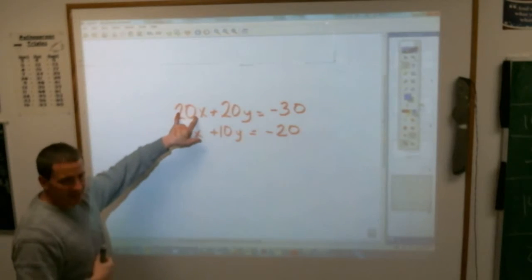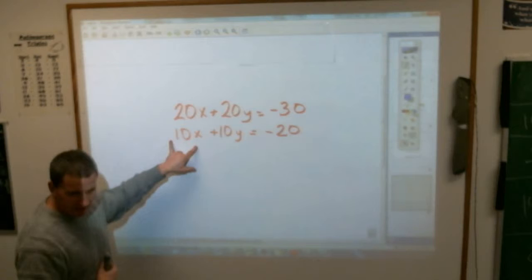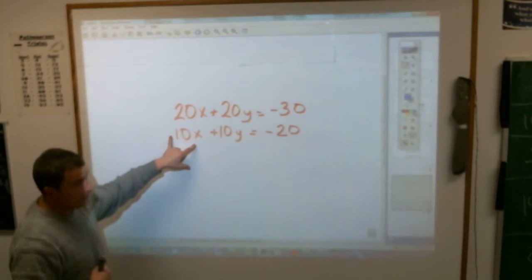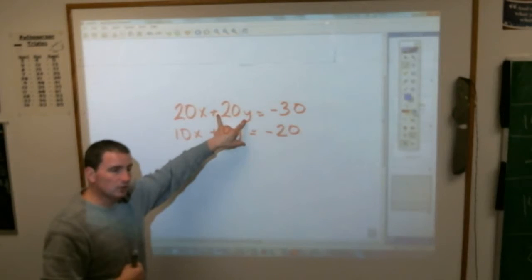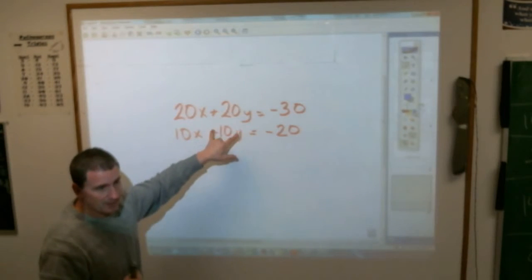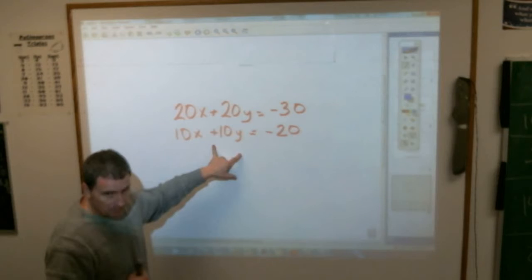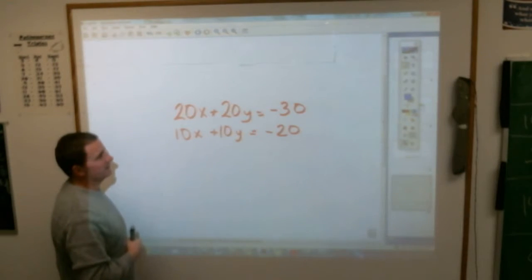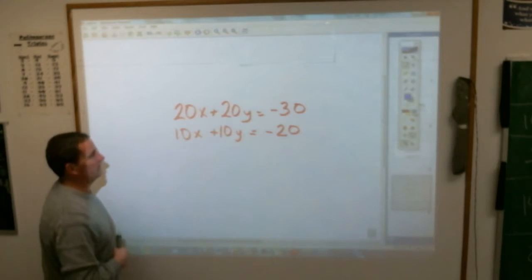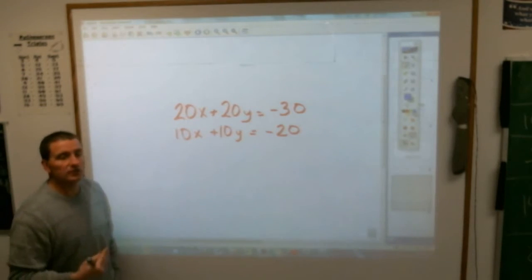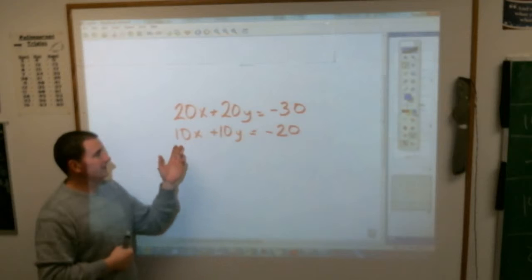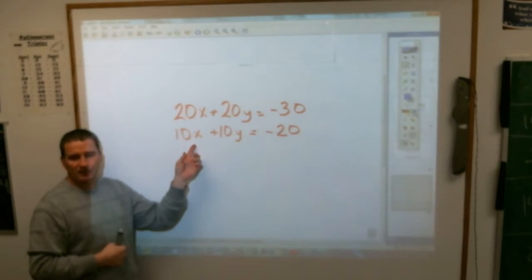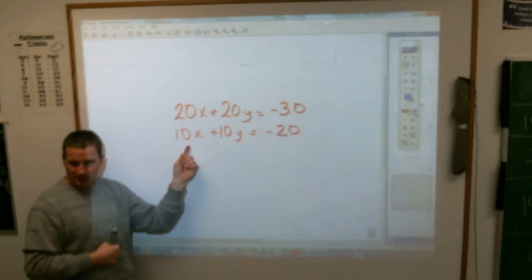In order for 20x to go away, what would x have to be on the bottom? Negative 20, because the 20 minus 20 goes away. Or in order for the 20y to go away, the bottom would have to be negative 20. Who picked this one? Ryan. All right, let's do it anyways. What do I have to multiply this by to get a negative 20x?